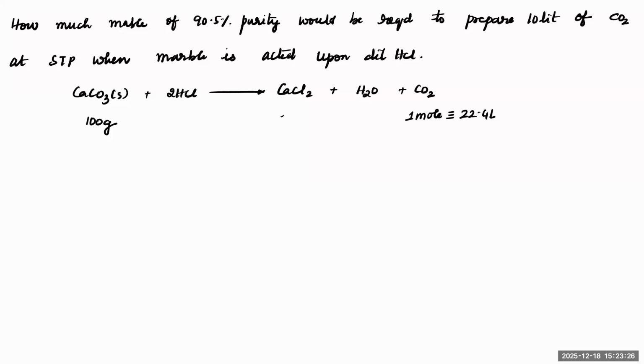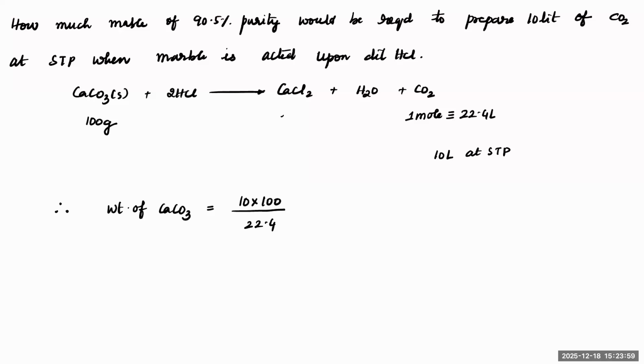So if the question says there is only 10 liters of carbon dioxide at STP being observed, therefore I can say the weight of calcium carbonate which genuinely reacted to make this 10 liters will be 10 times 100 divided by 22.4, correct?